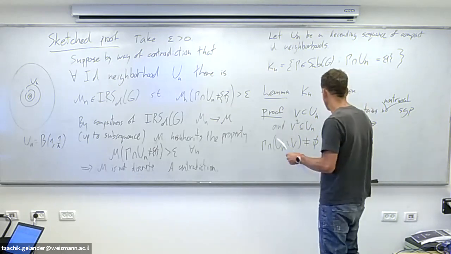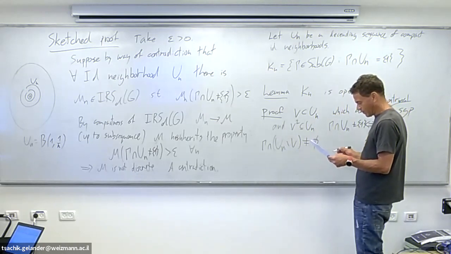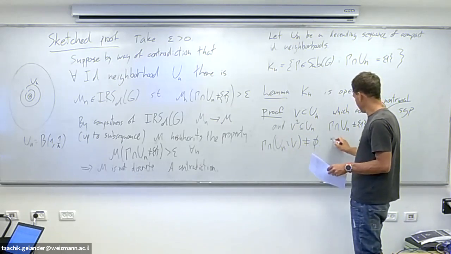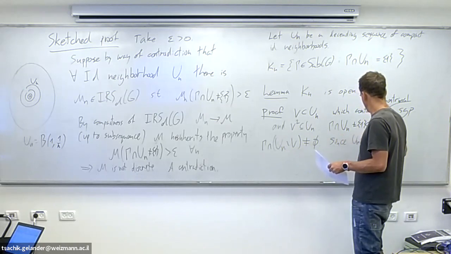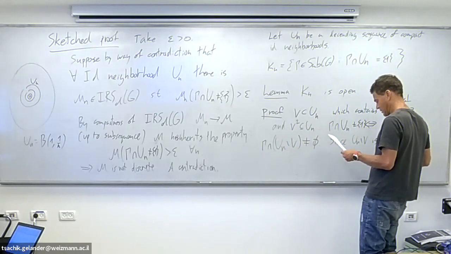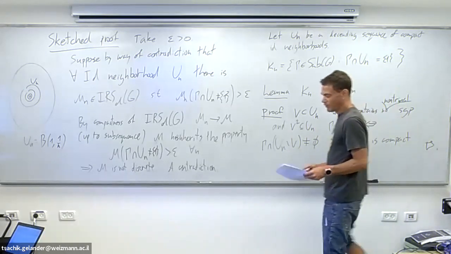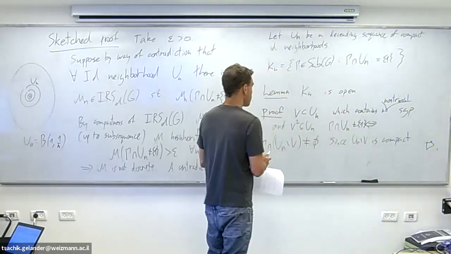Let me write it and then ask. It follows that, since UN minus V is compact, the level set is open.